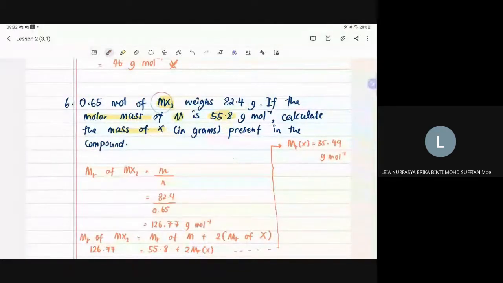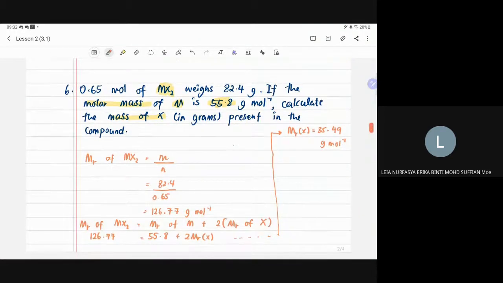Okay. Now, kita nak cari mass of X. Kalau kita tengok, 1 mole of MX2 ada 2 X. Jadi, number of mole of X is equals to 2 darab dengan number of mole of MX2. Okay, number of mole of MX2 ni 0.65.